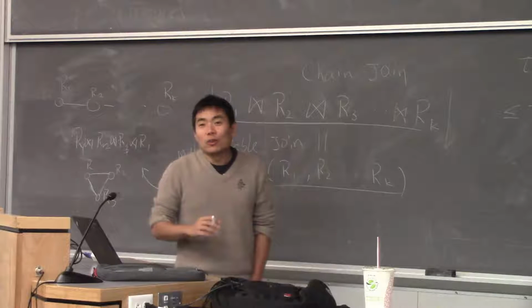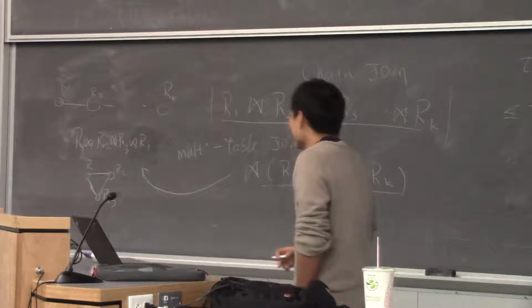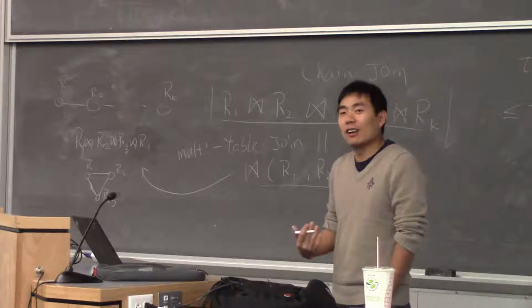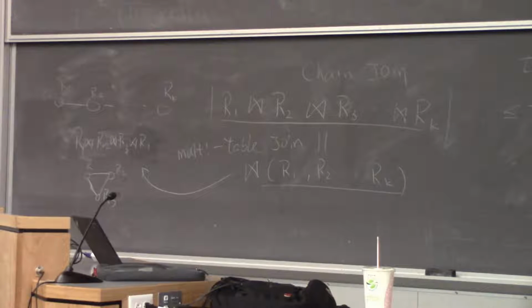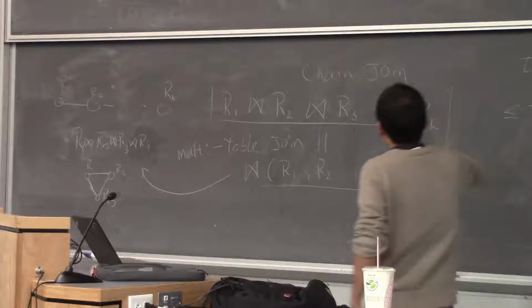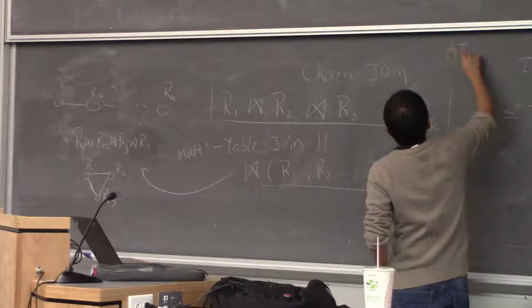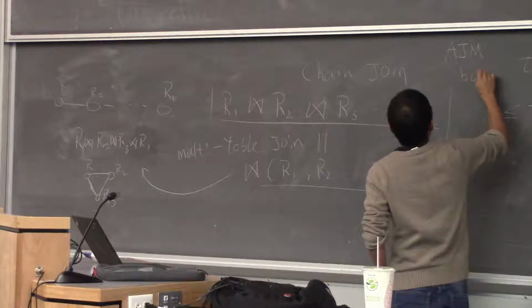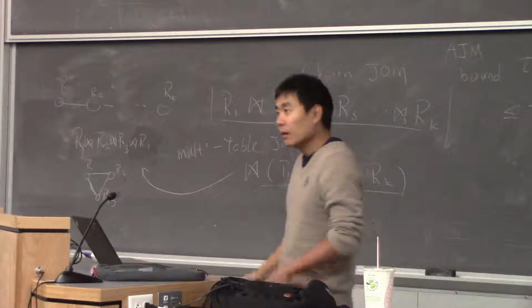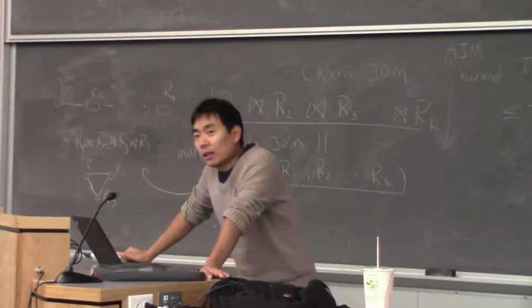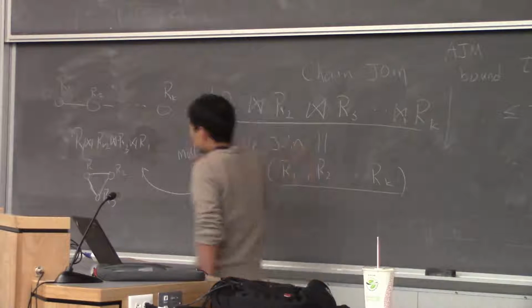Okay? What's interesting is, the next thing I'm going to say is not obvious, which you have to read this paper called Skew Strikes Back. And they give you this bound called the AGM bound. So what is this triangle joint?